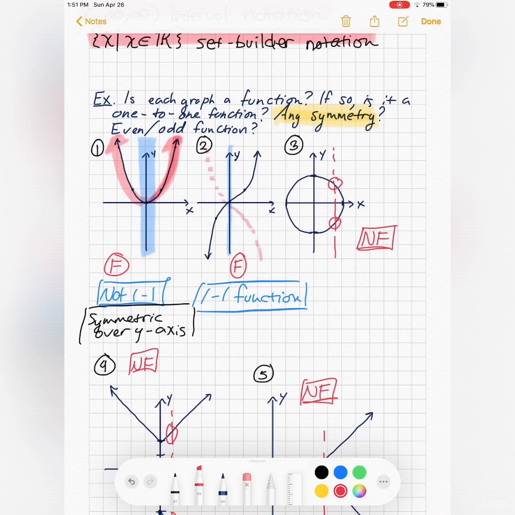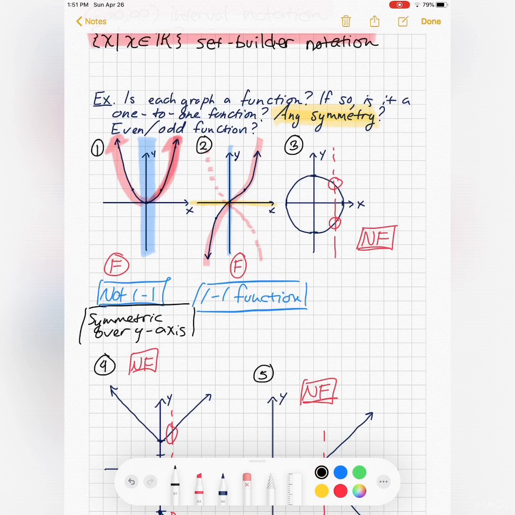Now I'm going to take that and fold it over the other axis, so over the x-axis. So if I take that now and fold it over the x-axis, indeed, I get back the original graph. So in this case, I'm folding twice. So once over either the x or y axis and then over the other.